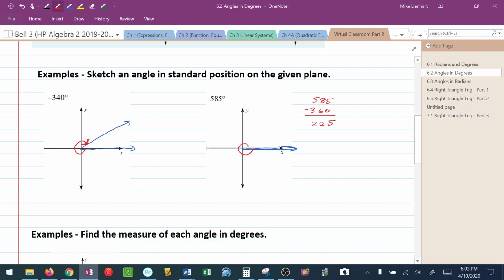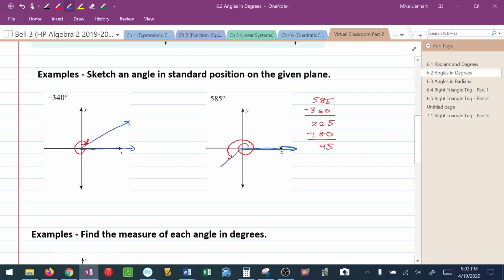Well, I'm left with 225. So I know I've still got to go further. If I travel another 180 degrees, I'm not quite there yet. I've still got a little bit left to represent. So I know that my terminal side is going to be right about there.